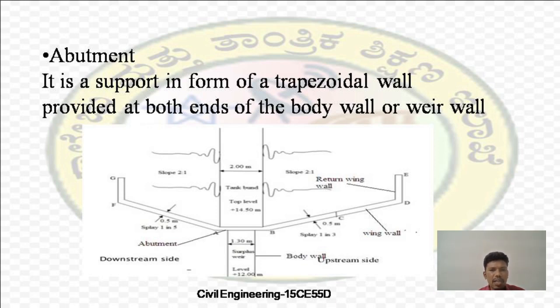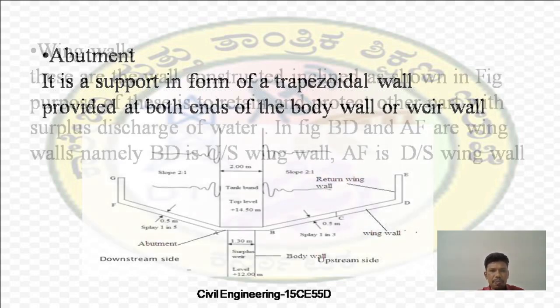It is a support in the form of a trapezoidal wall. On one side it has a vertical face and on the inner side it has a batter. Abutments are provided at both ends, on both sides of the weir wall or body wall.